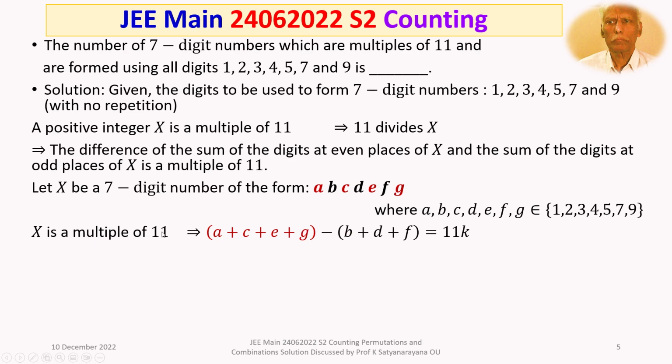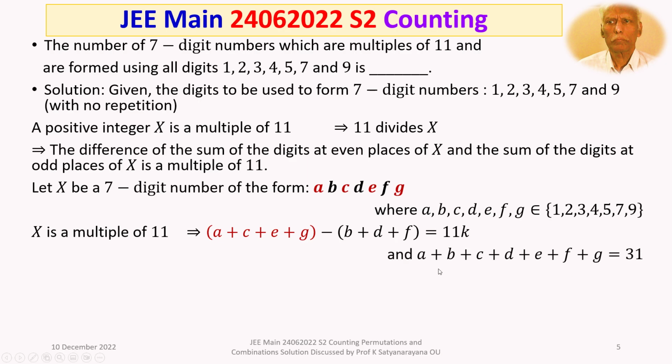X is a multiple of 11 implies the sum of the digits of X at odd places, A plus C plus E plus G, minus the sum of the digits at even places, B plus D plus F, is a multiple of 11, that is 11k, where k belongs to Z.